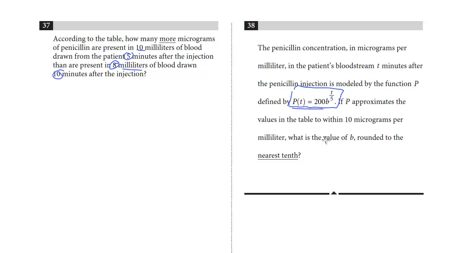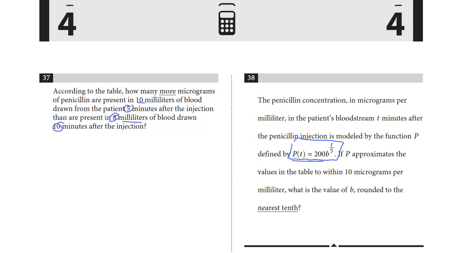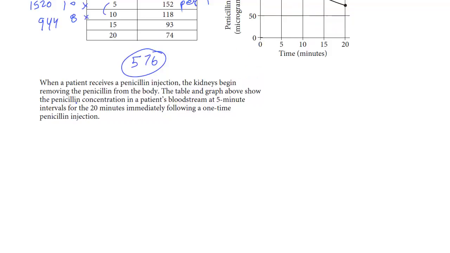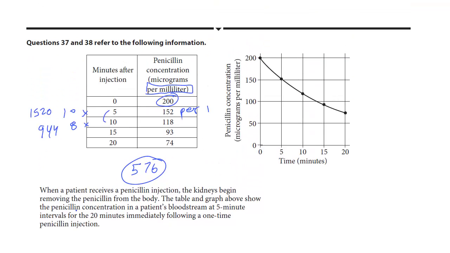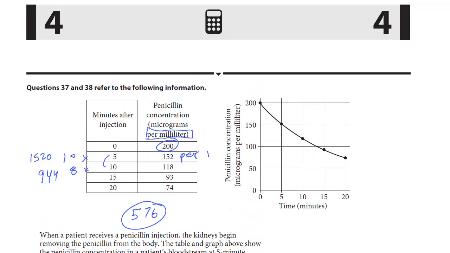So when you have a question like this, I'm going to go back up and then just copy it so I don't have to scroll back and forth. When you have a question like this, it could even be a linear function, but what you want to do is test values and then solve to get the answer. So the function is given, I'm just going to write it up here, P of T equals 200 B to the T over 5.